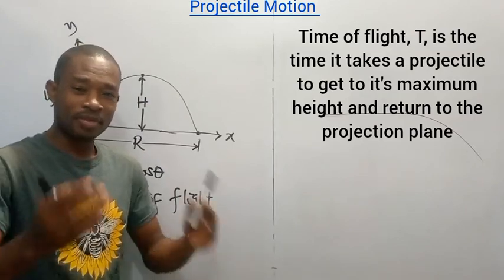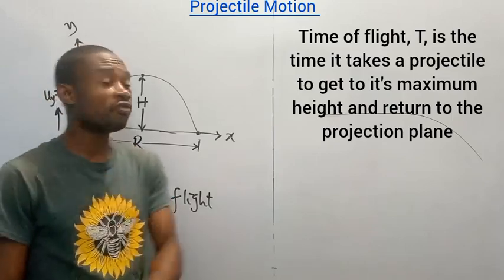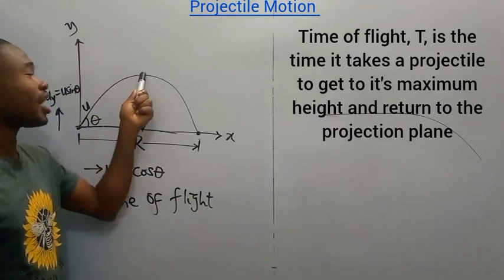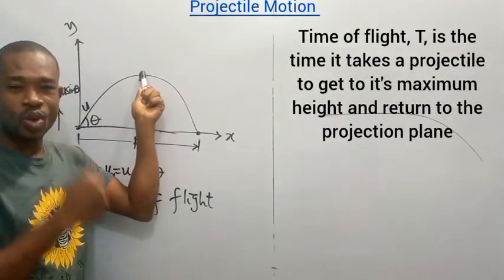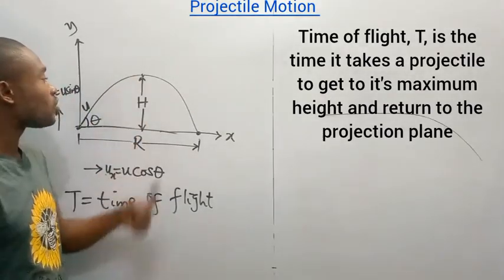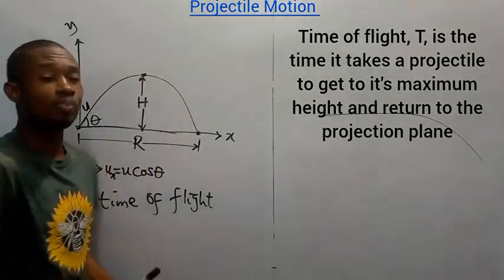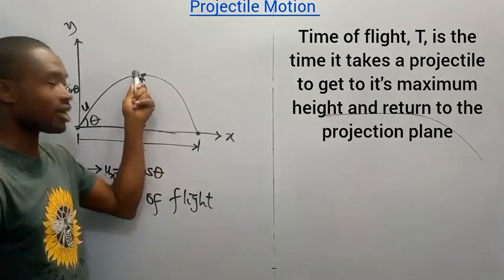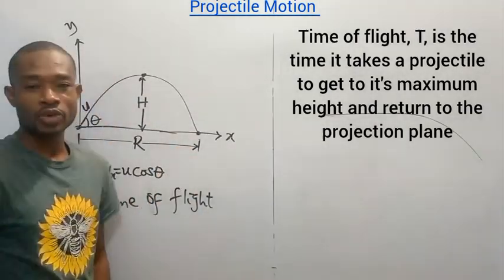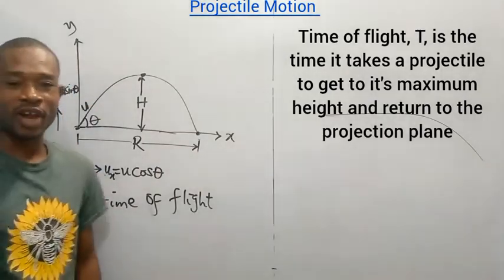Now you notice that the time of flight is made up of two times, right? Because first of all, if you release the projectile, it will get to this maximum height. That is one part of the time of flight. Then you also need another time for the projectile to fall back from that maximum height down to the projection plane, making it the second time in this time of flight.